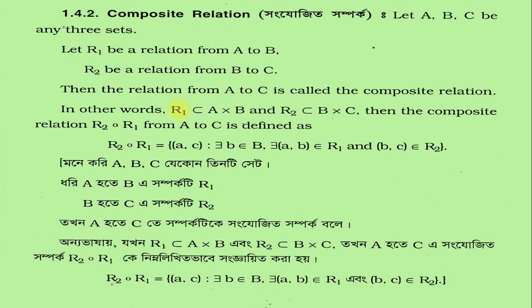In other words, R1 is a subset of A cross B and R2 is a subset of B cross C. Then the composite relation R2 composite R1 from A to C is defined as R2 composite R1 equals {(a, c) : there exists b belonging to B such that (a, b) belongs to R1 and (b, c) belongs to R2}, which is the composite relation.